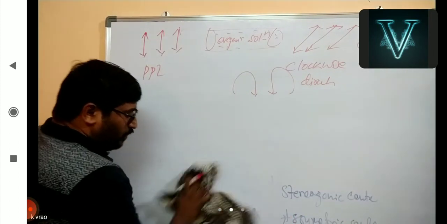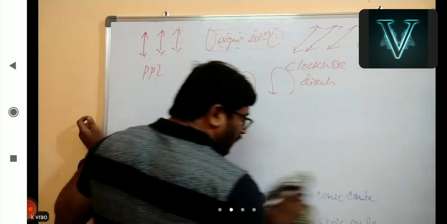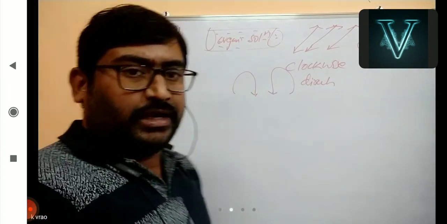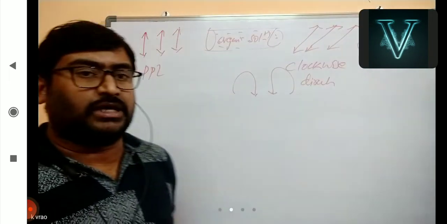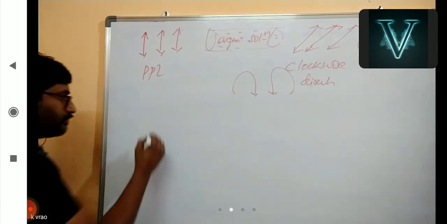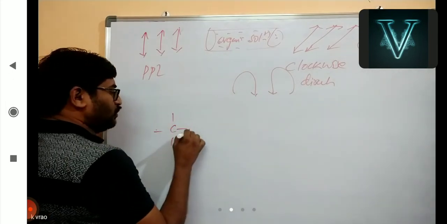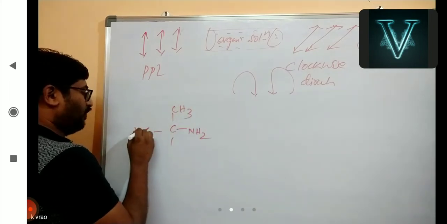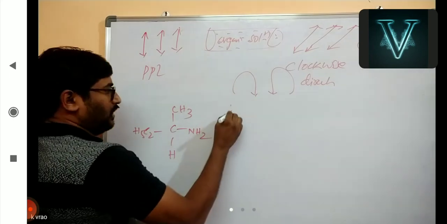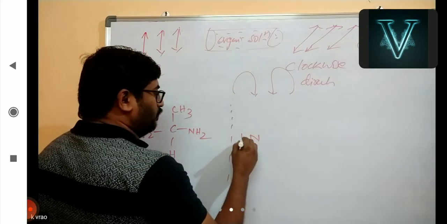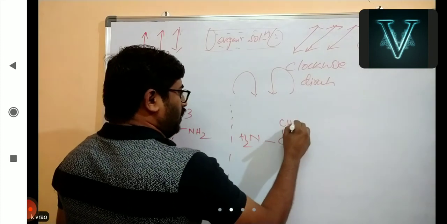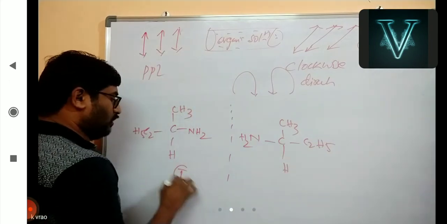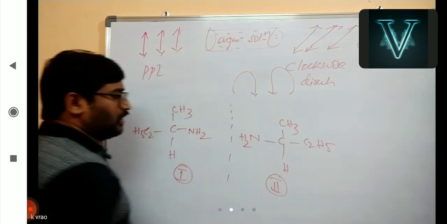So when the NH2 group, the primary amine functional group, is attached to the chiral center, that compound exhibits optical isomerism. See here NH2, CH3, C2H5, and H. Keep a mirror here, then you will get another compound: CH3, C2H5, H. So compound 1 and compound 2 are both optically active isomers.